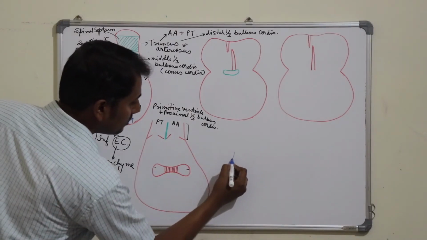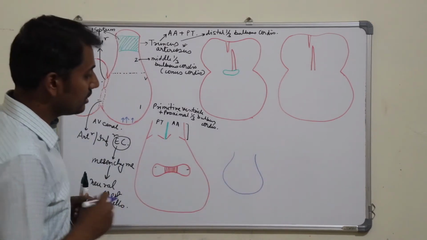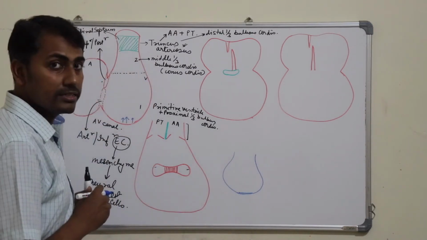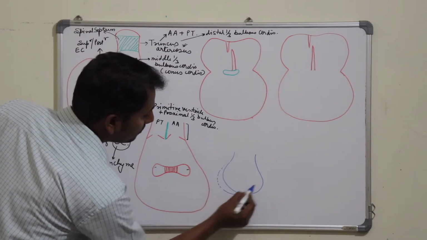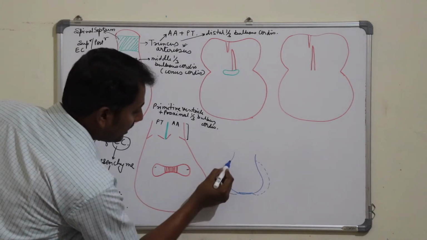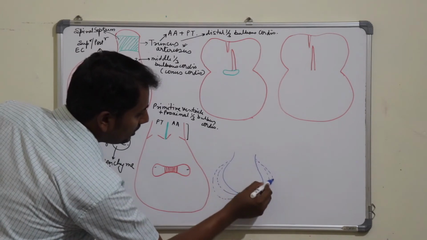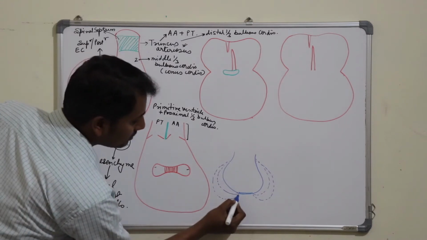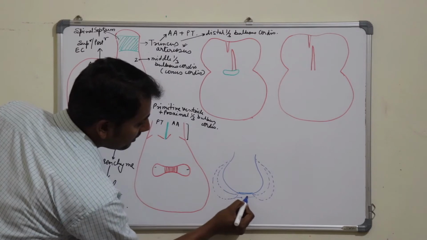If this is the ventricular chamber, okay, this is the floor of this ventricular chamber. There is dilatation of this lateral wall of this ventricular chamber. With more dilatation of this ventricular chamber, the medial wall of these two parts of the ventricular chamber, that is this part and this part, comes in the midline and fuses.